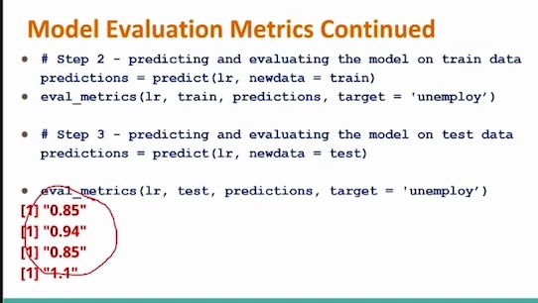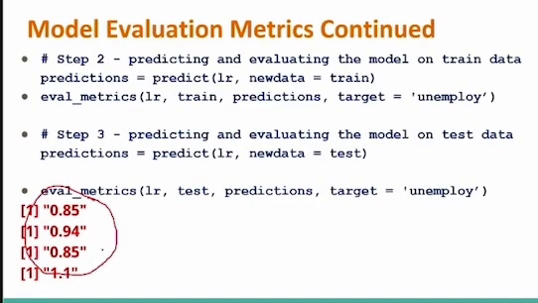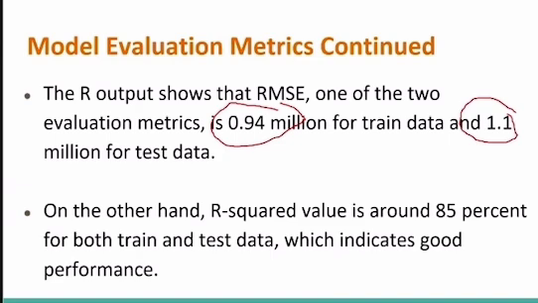That is why you have these four values. And this is the interpretation. The root mean square error is 0.94 for training, 1.1 for test. For the adjusted R square, I think it gives us the same for both training and test.